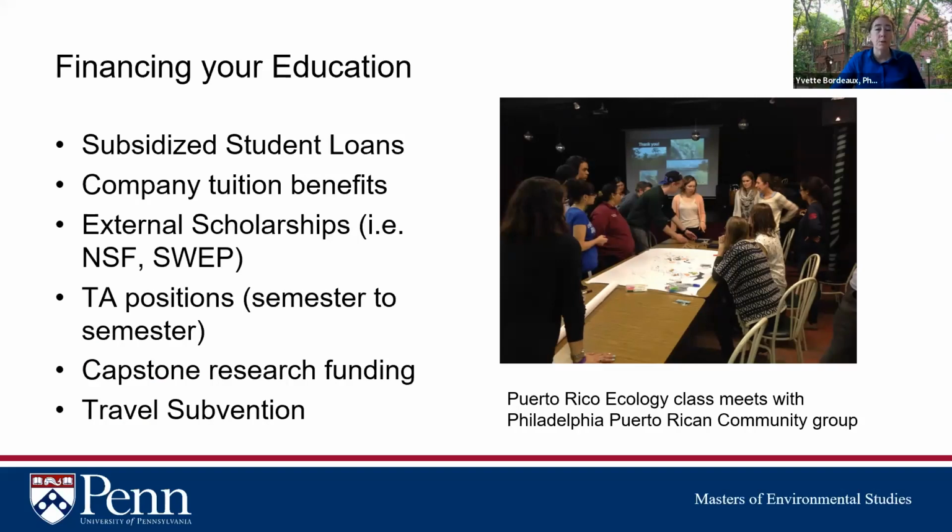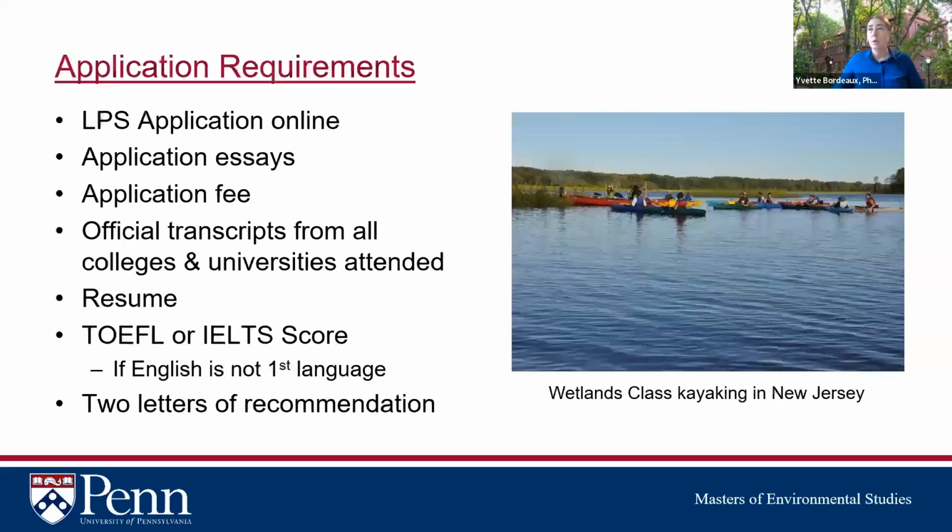We do have TA positions. They're semester to semester positions that you apply for once you're admitted. And we have funding for capstone research and travel to conferences and so forth. But in terms of tuition, most of our students are paying for it through outside scholarships and subsidized loans or tuition benefits from their companies. Okay, good question.